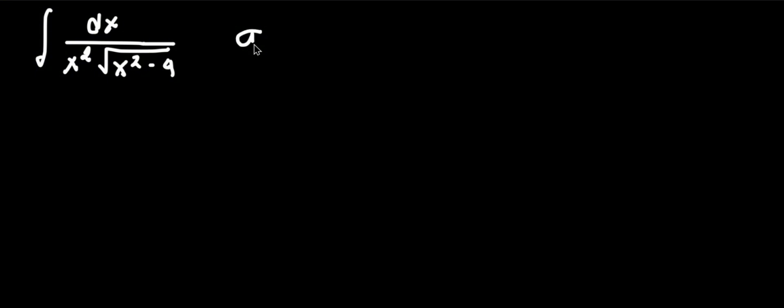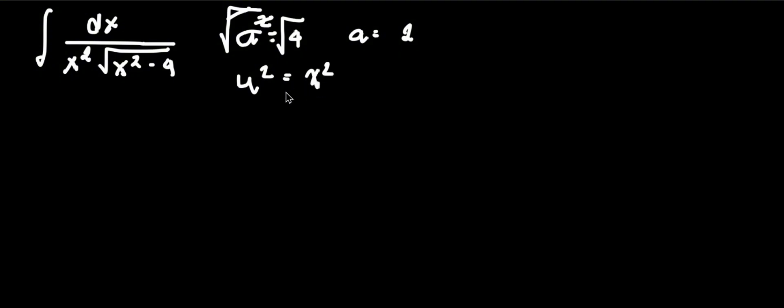So our a squared right here is the constant, which is 4. And since this is a squared, square root natin both sides and cancel. Our a now is 2. Now the u. Our u here is just x squared, well, simply x.